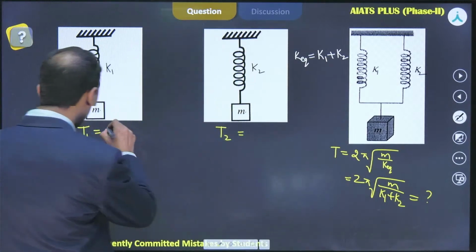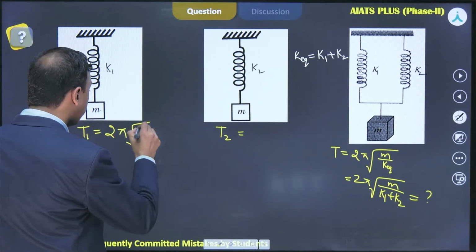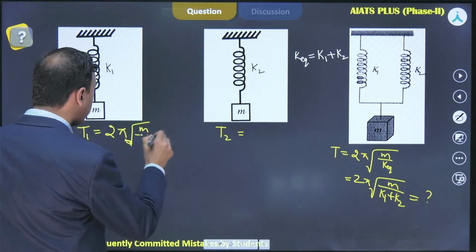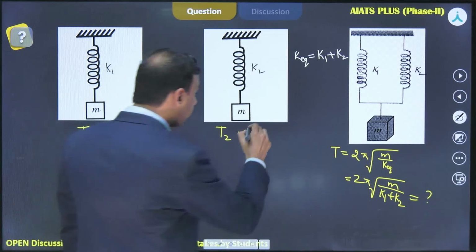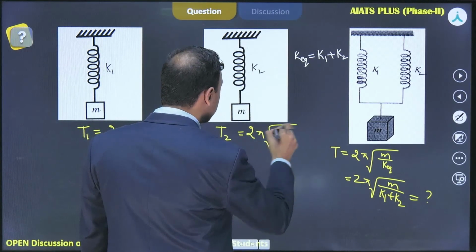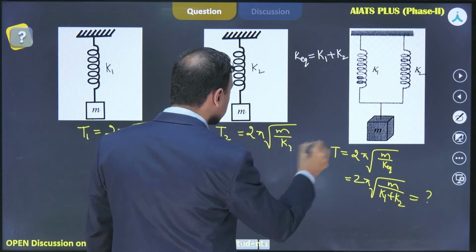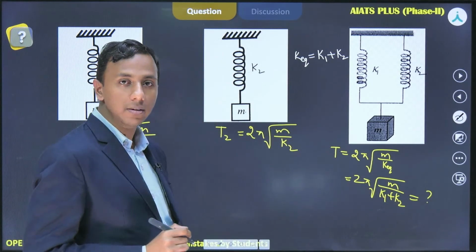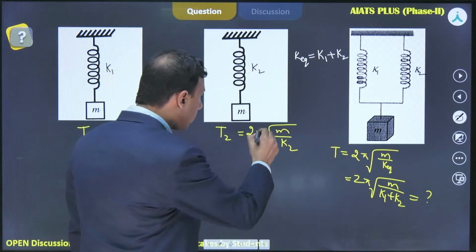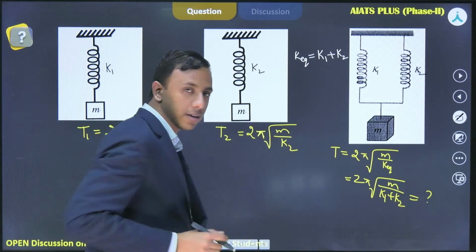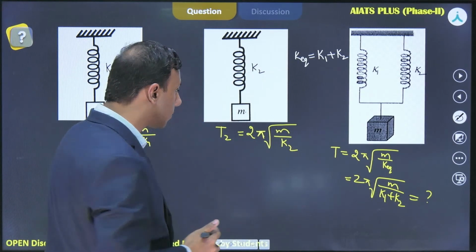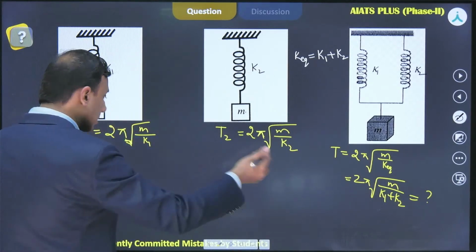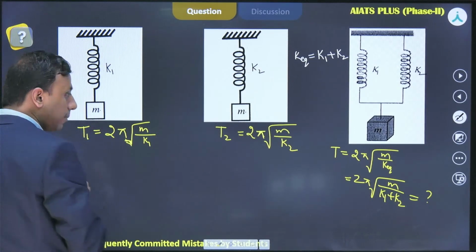If you want, I can again write T1. T1 is the same thing we wrote over there. T2 is also exactly the same. And if you want, I will provide some small steps to you.